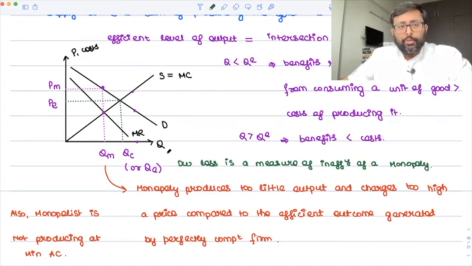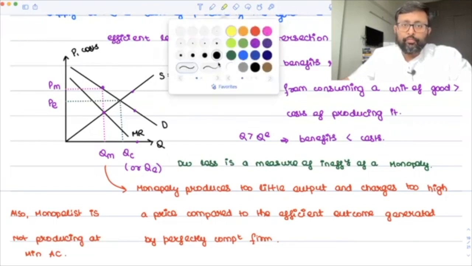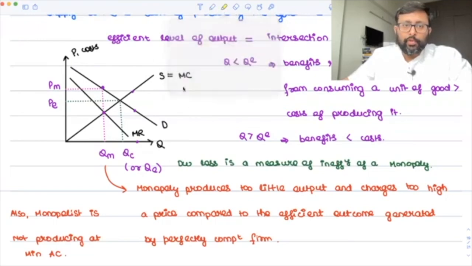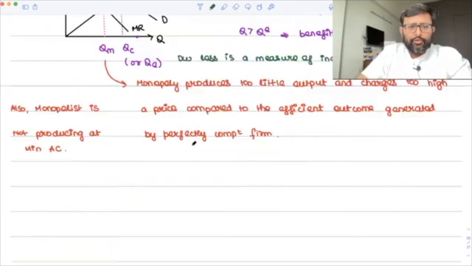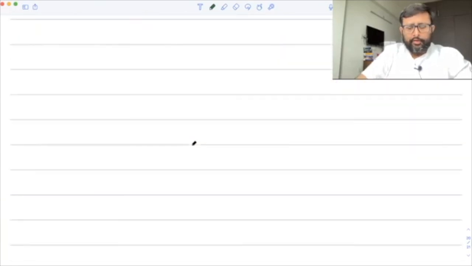Okay, now if you just look at it, you will find that there is one portion here. This is completely lost. Let me draw a diagram for the deadweight loss so that you understand it better.